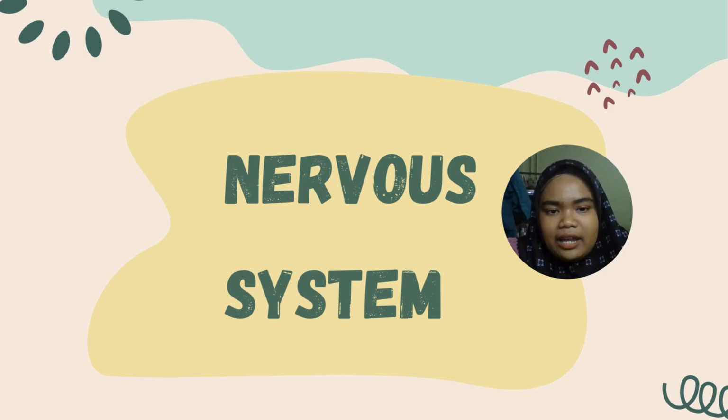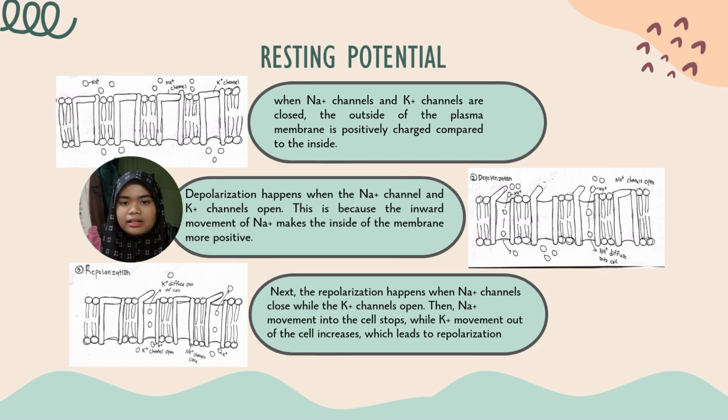Hi, in this slide, I will explain about topic 3, which is the nervous system. Resting potential: when the Na+ channel and K+ channel are closed, the outside of the plasma membrane is positively charged compared to the inside. Next, depolarization happens when the Na+ channel and K+ channel open.